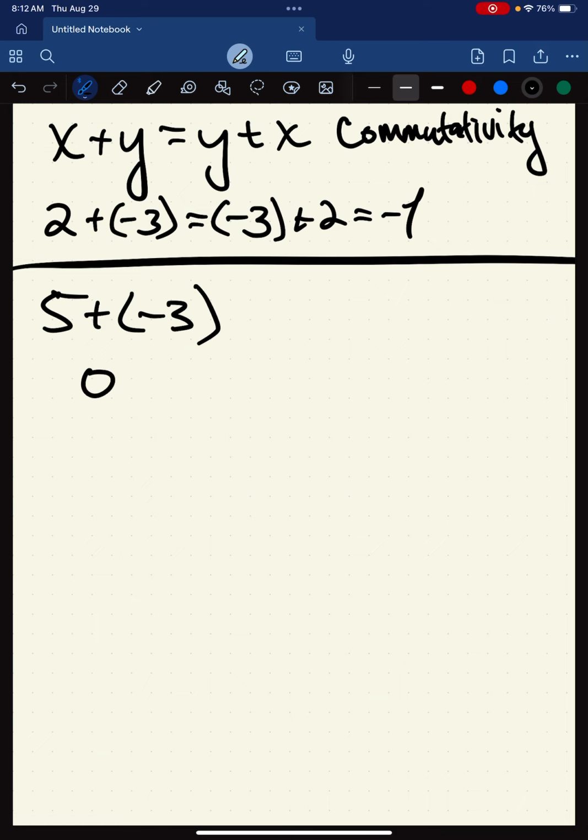So we're going to model this with the counter chips. You have 5 little chips. And what this negative 3 means is we also have anti-chips. If you're familiar with matter and antimatter from physics, you have the opposite, the inverse of something. So we have 3 anti-chips.